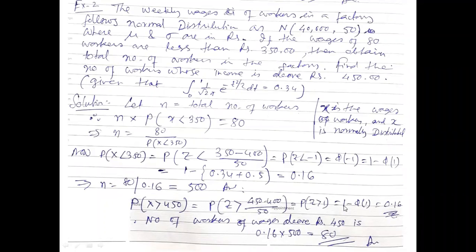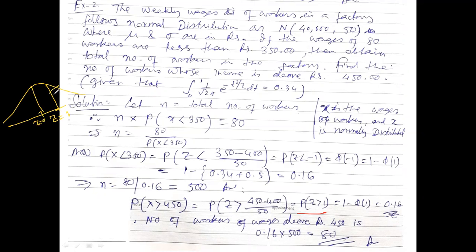Z greater than or equal to 1 means, if we draw the curve, the same concept. Assuming this is z equal to 1, this point, and this is z equal to 0, right?